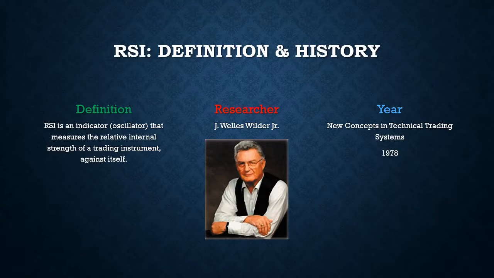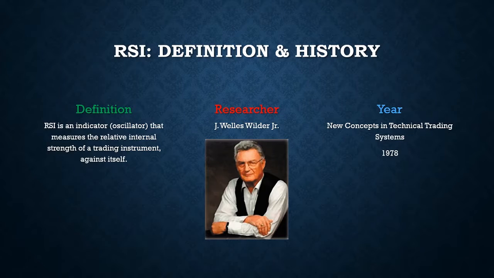First of all, let's talk a little bit about the RSI. What is the RSI? The RSI, of course, is short for Relative Strength Index. It is an indicator, an oscillator, that measures the relative internal strength of a trading instrument against itself. This is the definition given by my favorite author, Martin J. Pring, in one of his books.